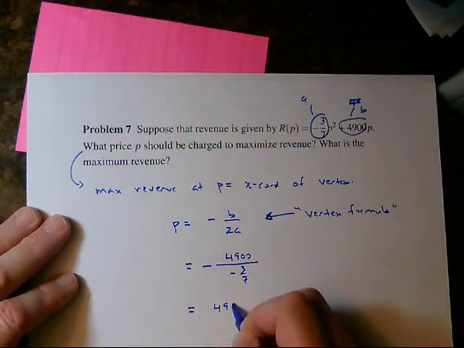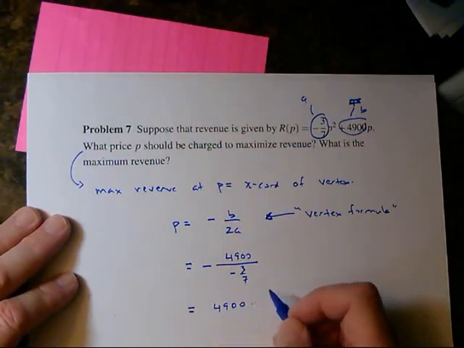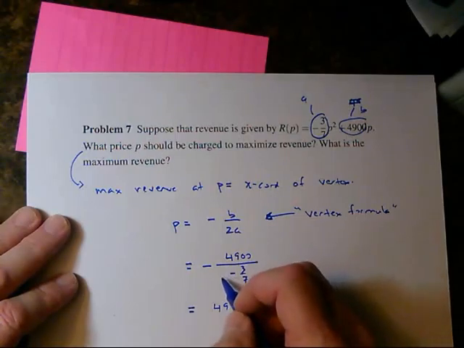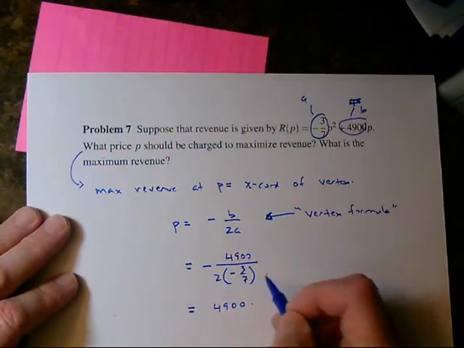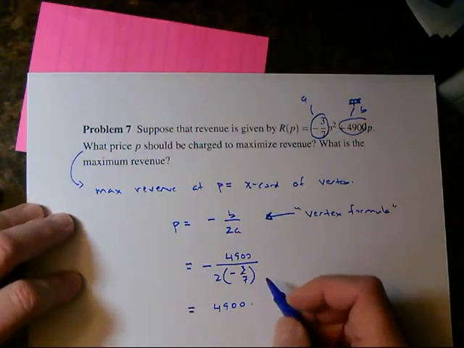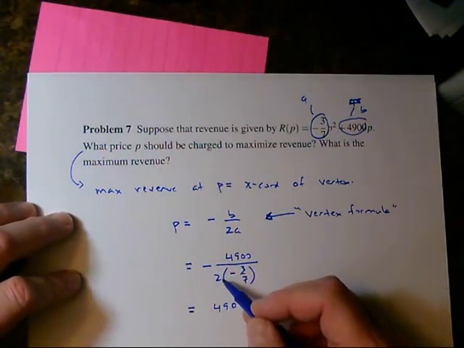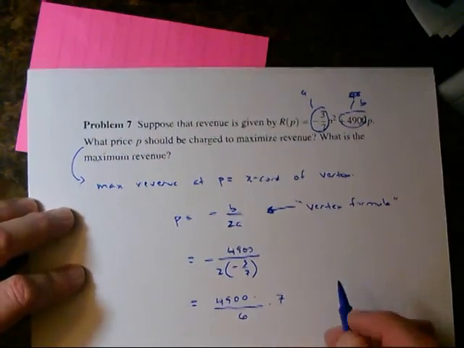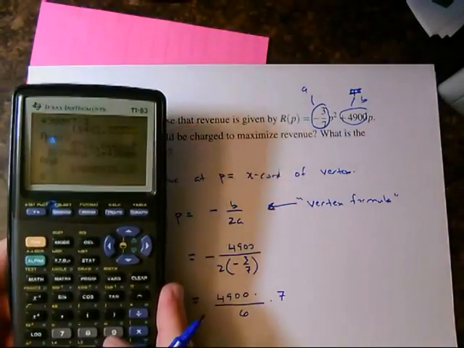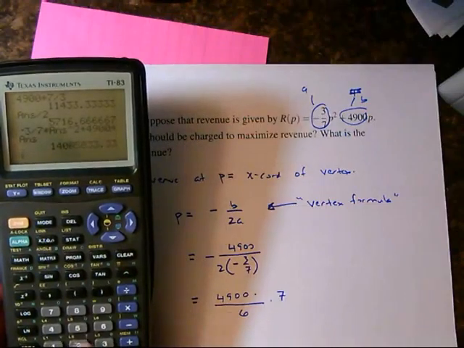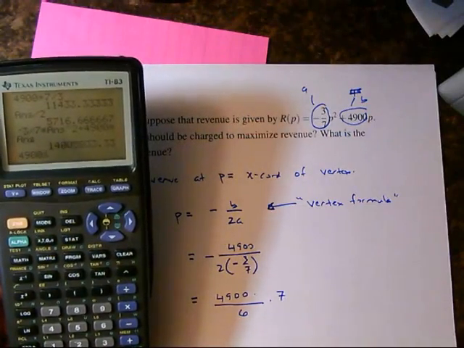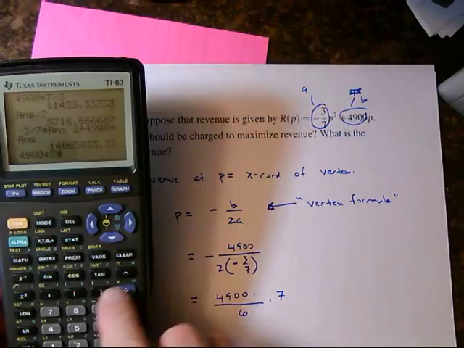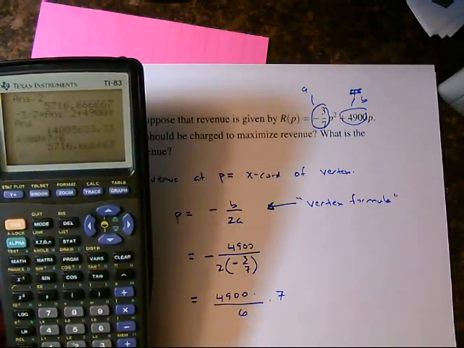I will get 4900 times, I need to have a 2 in there too. So it's still positive. I've got a 6 over a 7, so that would be the same thing as dividing by a 6 and multiplying by a 7. On my calculator, 4900 times 7 divided by 6.